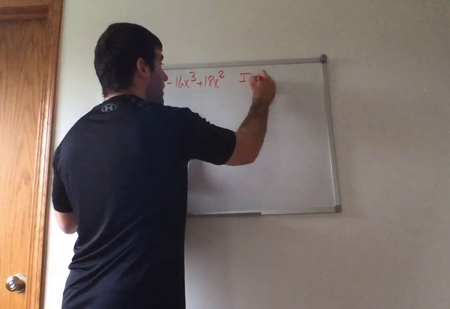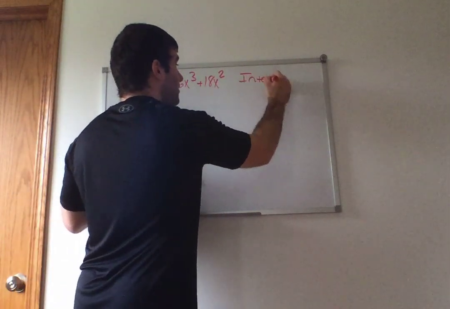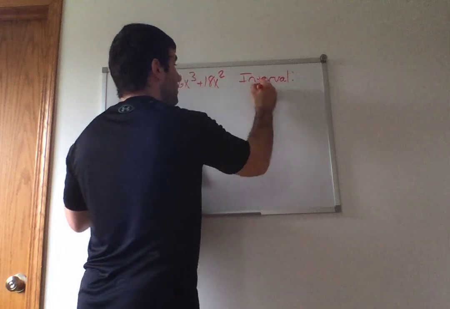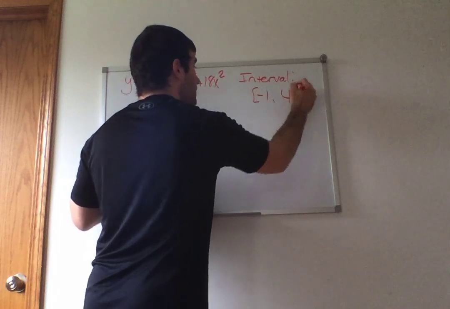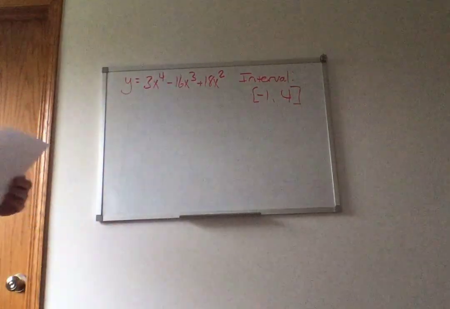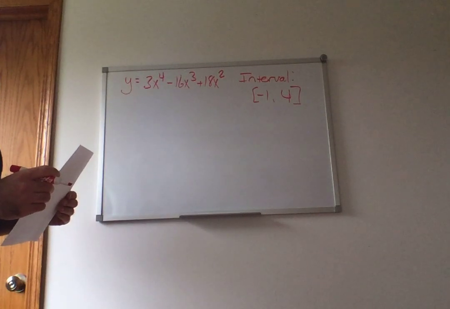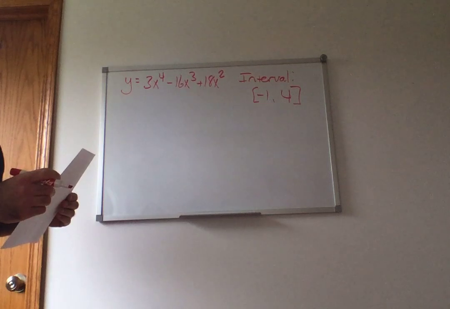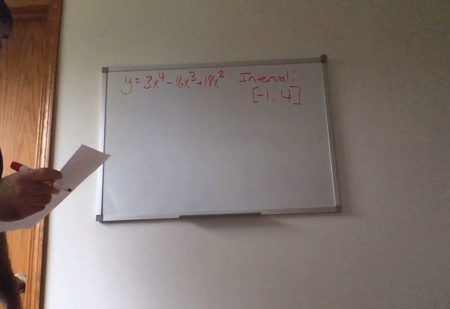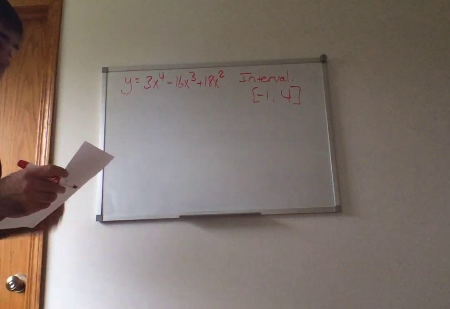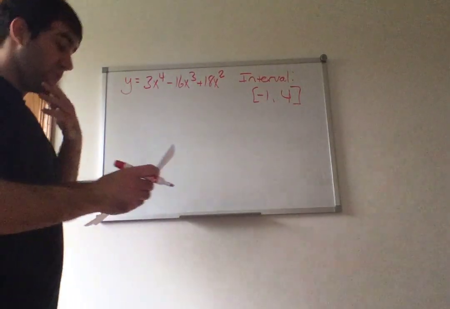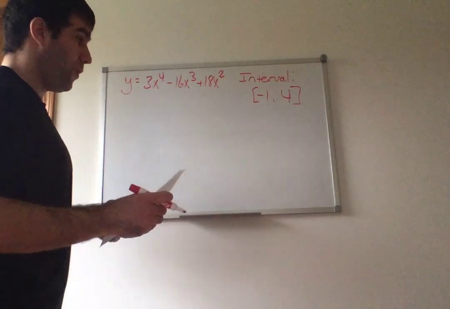And then I'm going to look at it in the interval -1 to 4. The graph of this is also in your book. I forgot to write the page number down on here, but it is in your book if you look at 4.1. But I'll draw the graph for you.